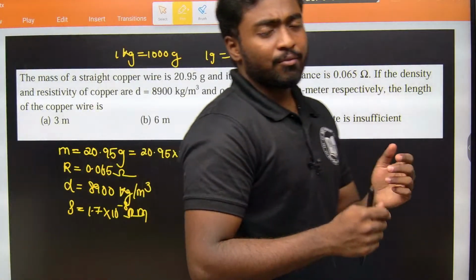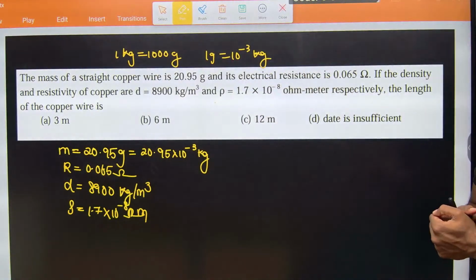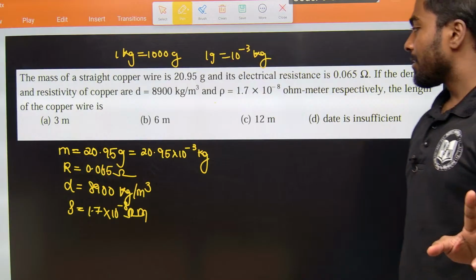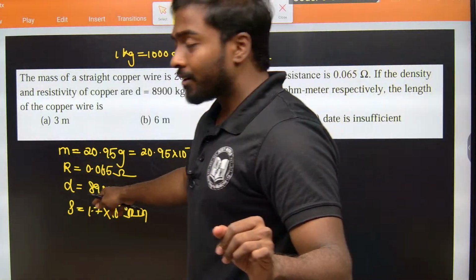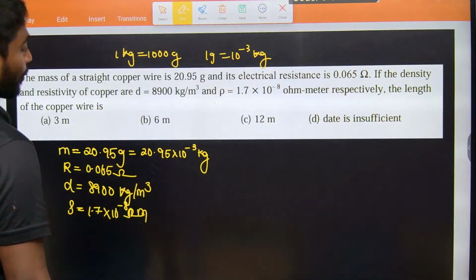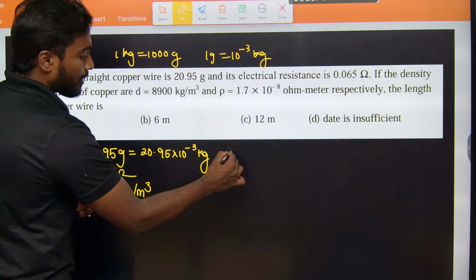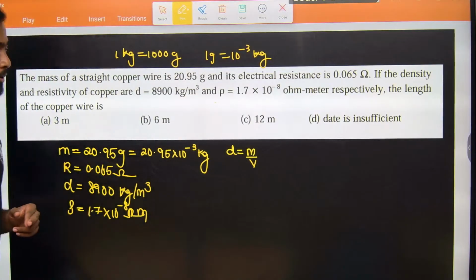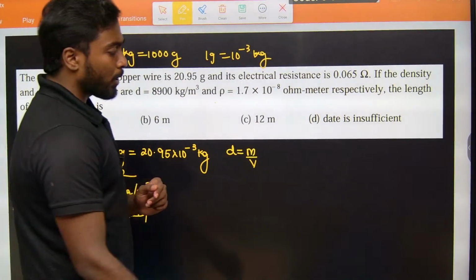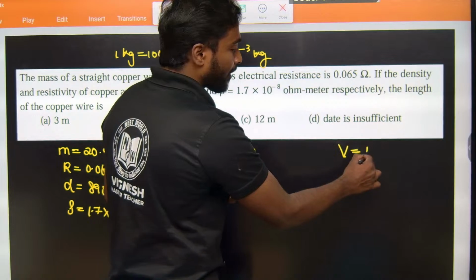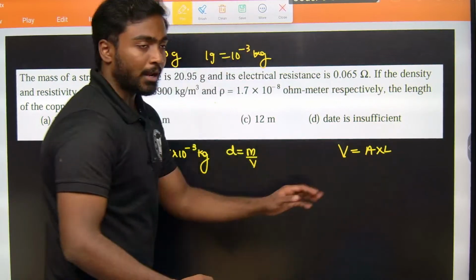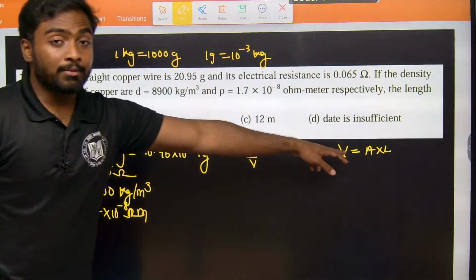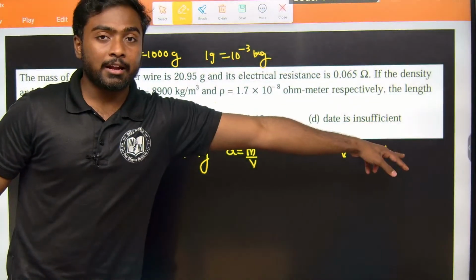So what can I use to find the length? Mass is there and density is there. So I can use density equals mass by volume, and volume can be written as area into length.